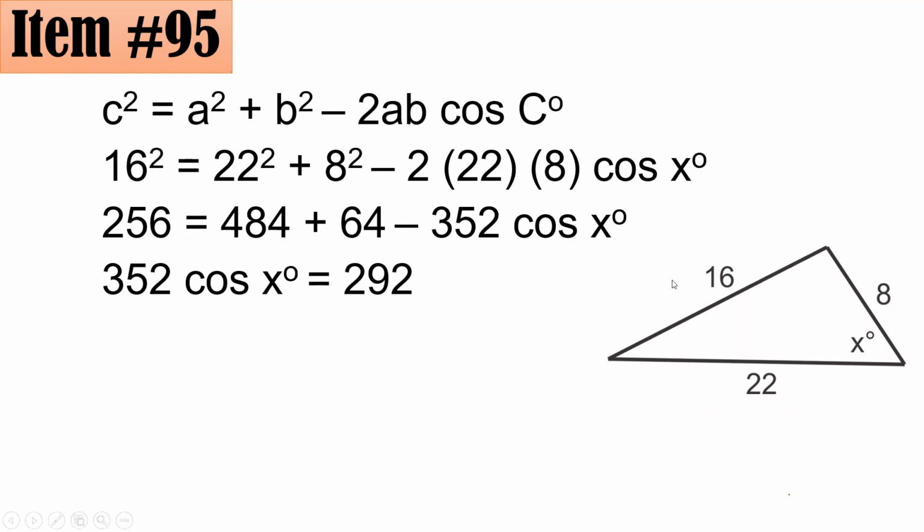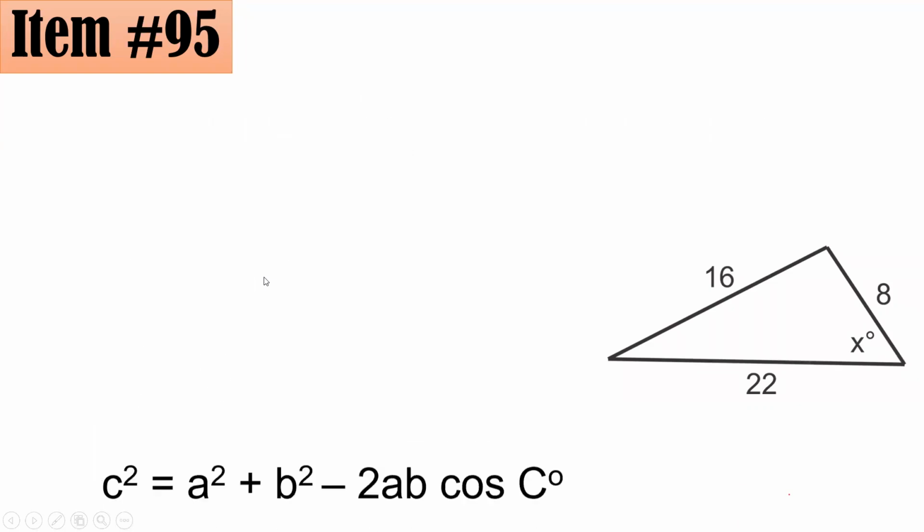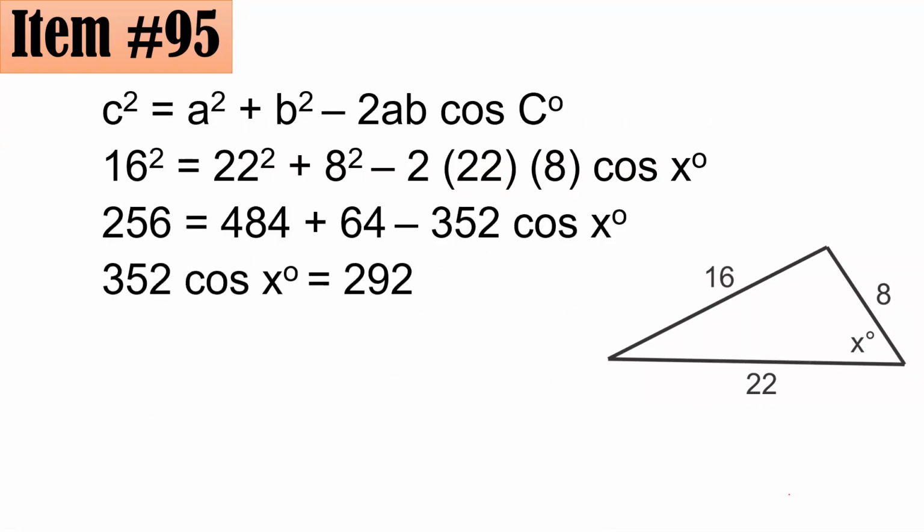I added 352 cosine x to both sides, so it became positive here. Then 484 plus 64, subtracted by 256, gives 292. Dividing both sides by 352, cosine x degrees is 292 over 352.